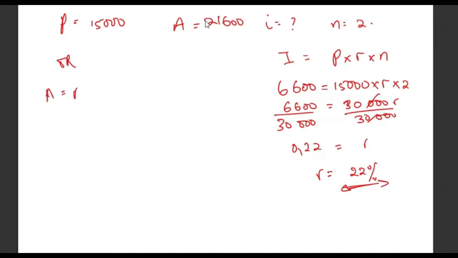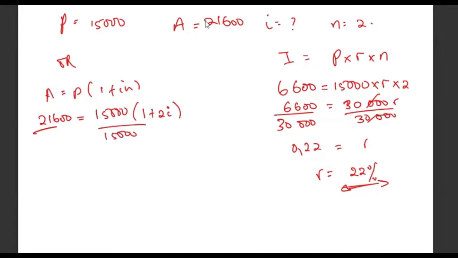If we are to use the original formula, we're going to have 21,600 is equal to the 15,000 plus the I, which is what I'm looking for, so I'll say 2I. Divide by 15,000 over 15,000. This cancels that. 21,600 divided by 15,000 gives us 1.44 is equal to 1 plus 2I.